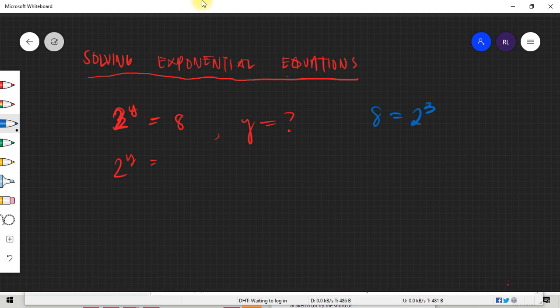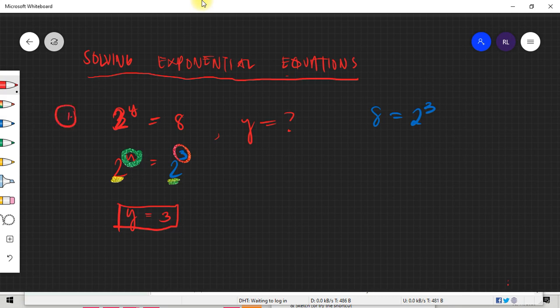Therefore, we can write 8 as 2 cubed. So now their bases are the same. So basically y is just equal to 3. That's number 1.